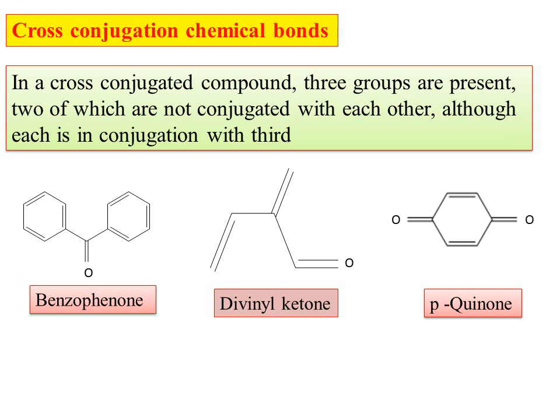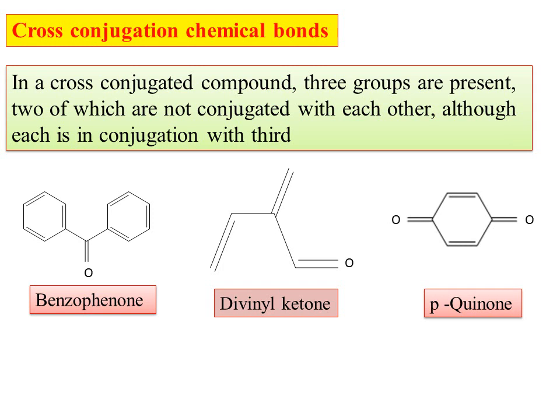Again, cross conjugation is also another term we are going to use. Here we come across three double bonds, whereas in the case of conjugated, you come across single bond, double bond, single bond like that. Here also you have three double bonds, but when you consider the third one is not in conjugation with the first one, that type of chemical bonding we are going to call cross conjugation.